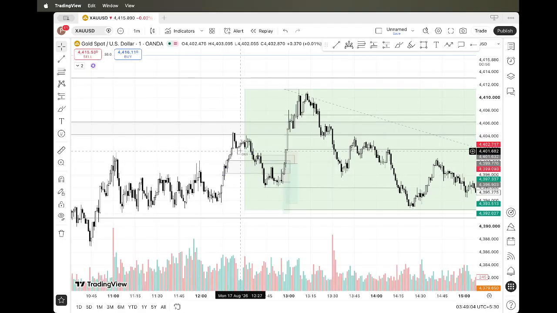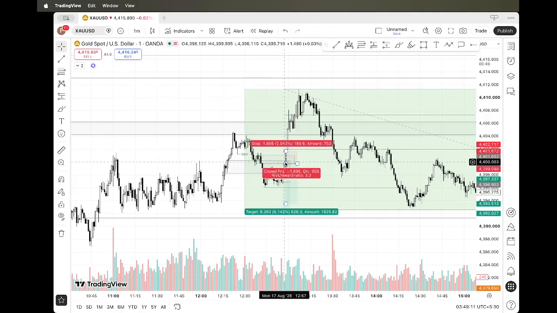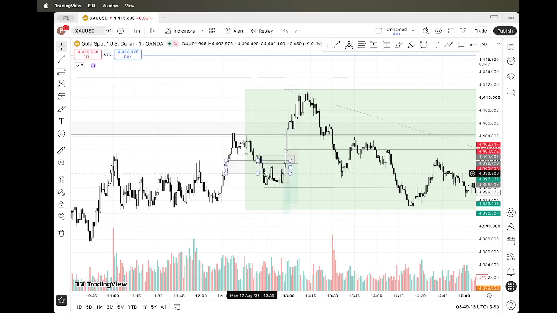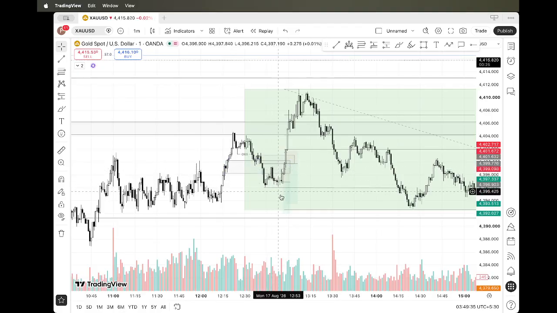These were continuous buys that came in and it closed below this, so we have the change in the state of delivery, and then we also had a close below this particular breaker block as well. So we had both CISD, which is change in the state of delivery, and breaker block formation on the 1 minute. Once it closed below it, it entered the breaker block and gave some selling pressure.